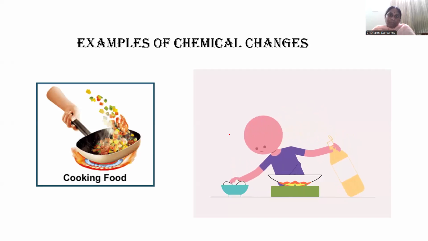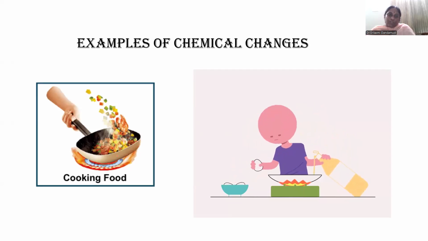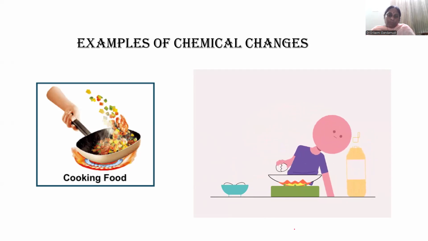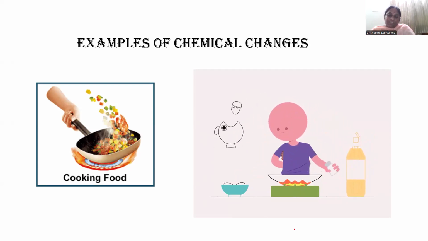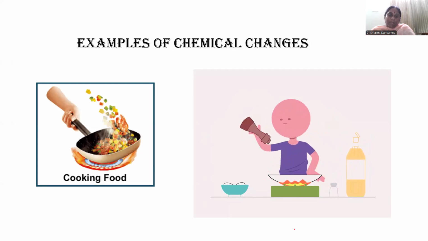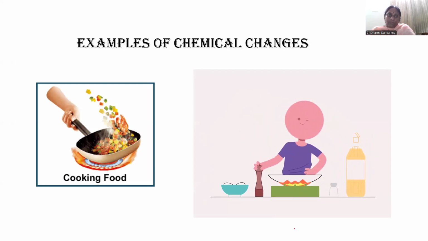The last example is the cooking of food. See, she is cooking some food. It is not a reversible process. After cooking, it cannot be converted back into raw. Okay, thank you.